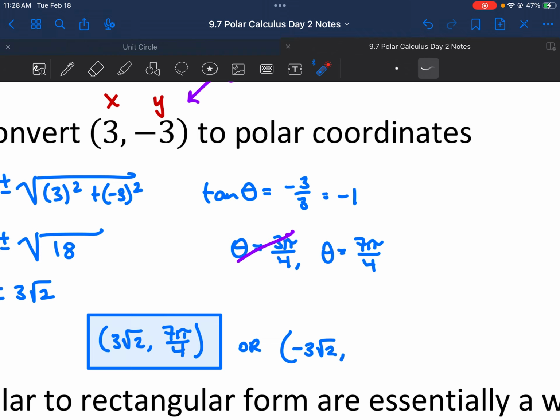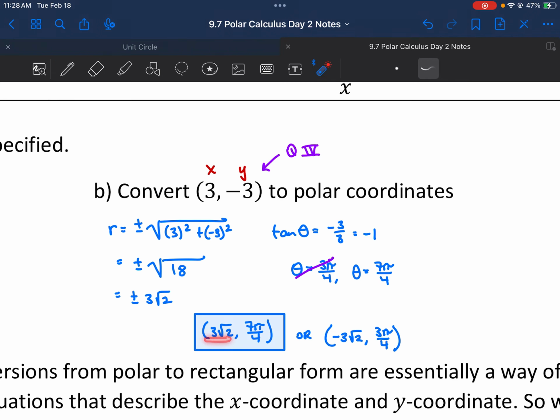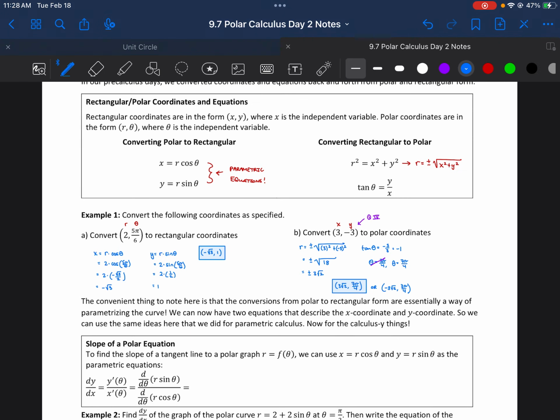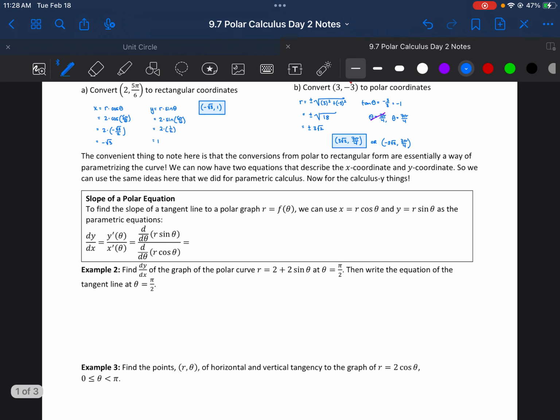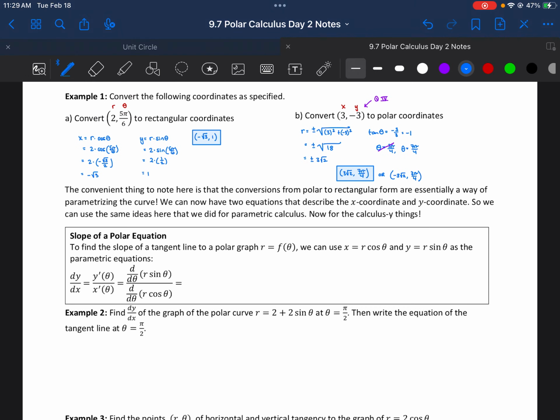If we subtracted pi from 7 pi over 4, so 7 pi over 4 minus 4 pi over 4, you would get this coordinate right here. I prefer to use the coordinate that has the positive r, so I would use this one. All right, so that's just a small little recap of converting polar and rectangular coordinates from pre-calculus. All right, now what we want to do is we want to start applying calculus things.